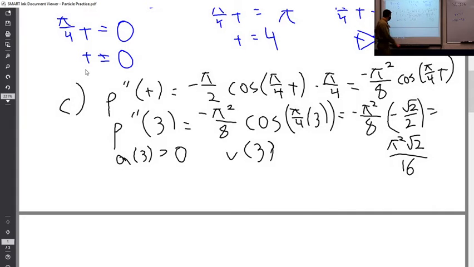Velocity at 3, sorry, let me make this more precise: P double prime and P prime. Velocity at 3, well, we already talked about velocity at 3 because we made the sign chart and decided that velocity at 3 is negative.